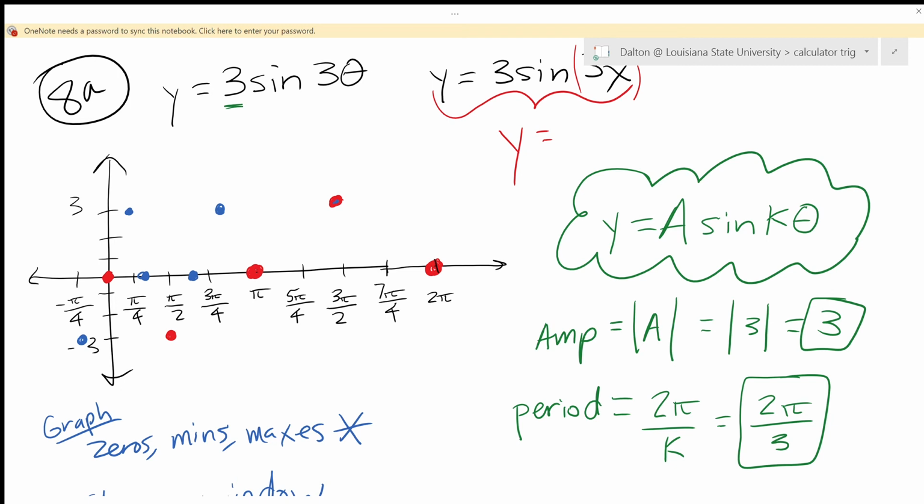So then we keep going down, following the curve. We have another minimum between the 4th and the 5th tick marks. So about here. Loop back up, we've got another 0 between the 5th and 6th tick marks. And then we've already got that max up there at 3 pi over 2. And then we have another 0 between the next 2 tick marks.